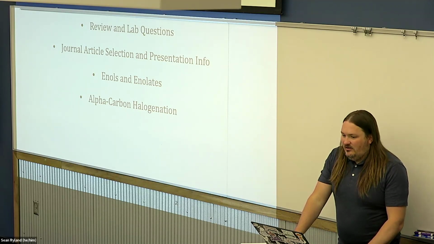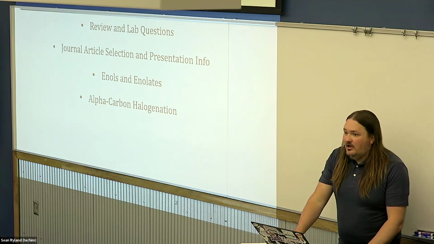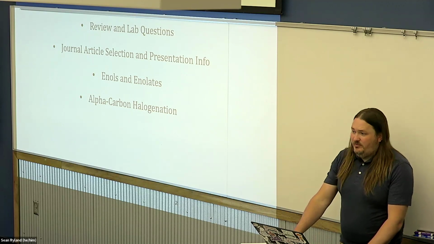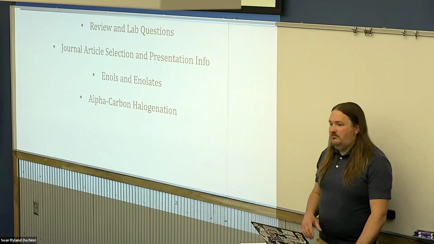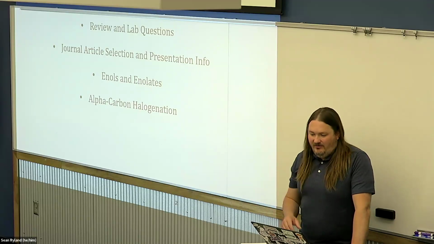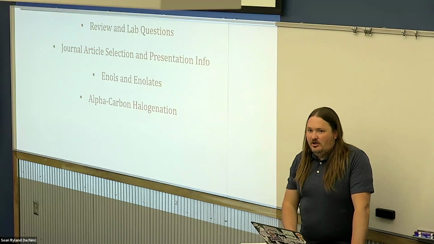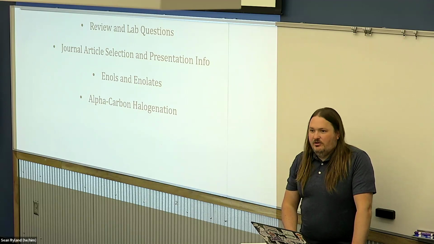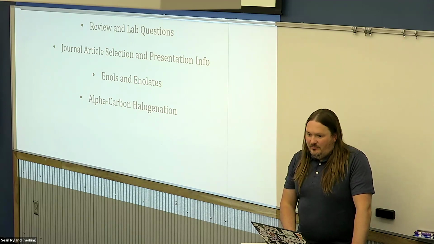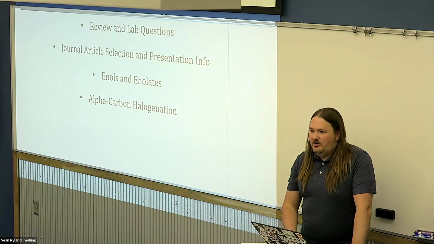And then the week after that, you're going to present it. You can use PowerPoint or whatever presentation software you want. But basically you're just going to walk us through the article, and be the expert in the room.